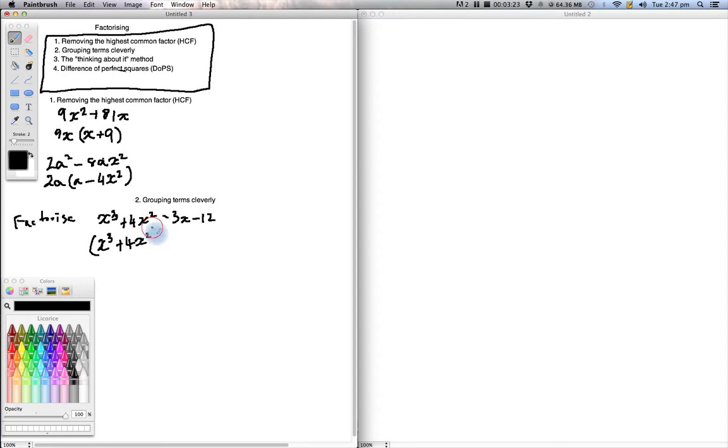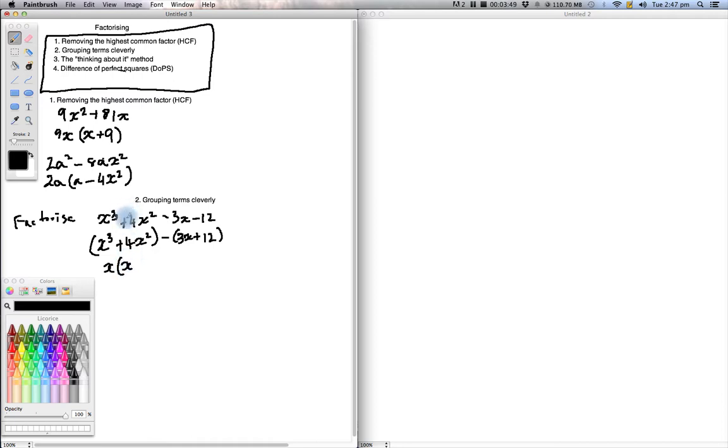So there we go, and we'll subtract the last two terms, 3x. Because I took out the negative sign, this becomes plus 12. Okay, so now I'm going to take out the common factors from each side. So here we've got an x is a common factor for this one, so we'll take the x out.